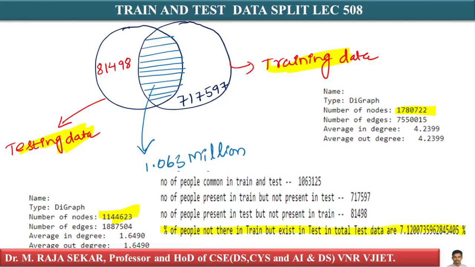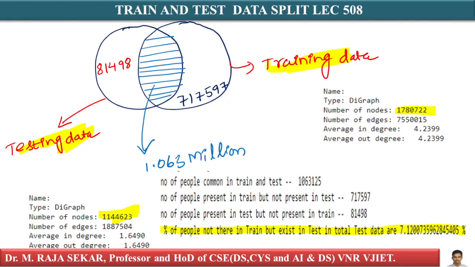Roughly 7% of users are in test data but not in training data, which means for those vertices I have no other information. That is called the cold start problem. This concept is important, because there are some users for whom I have no other data.